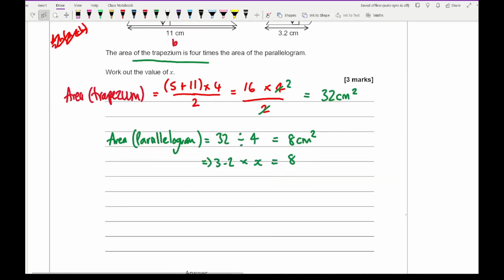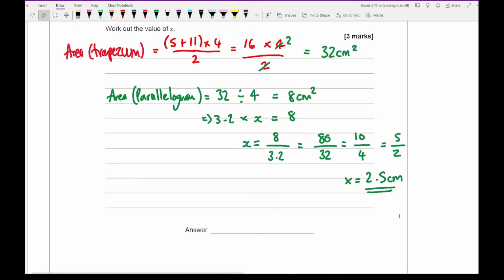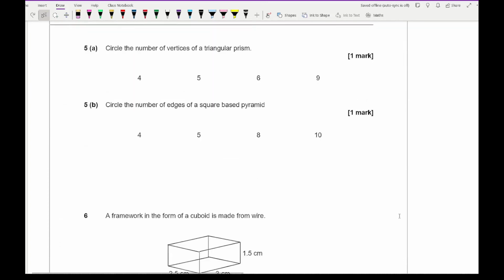So x equals 8 divided by 3.2, which is the same as 80 divided by 32, and I can divide both numbers by 8, and that's going to give me 10 divided by 4, which is 5 over 2, so x equals 2.5 centimeters. Obviously, on a calculator I could just type it in and I'd get the answer.